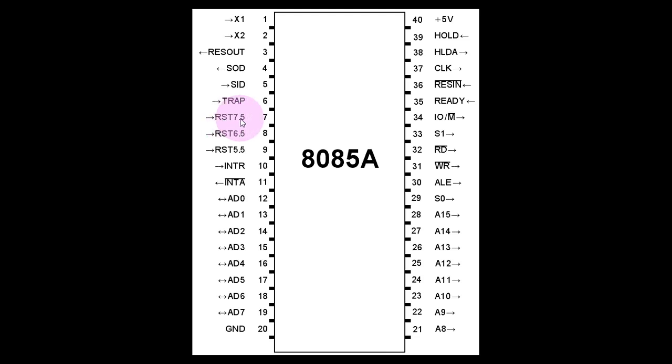But RST 7.5, 6.5, 5.5, and INTR are all maskable interrupts. Means a device can make a request, but the microprocessor, if it is performing some important task, will deny that request if it wishes to do so. TRAP is usually used for conditions where there is a very significant event.